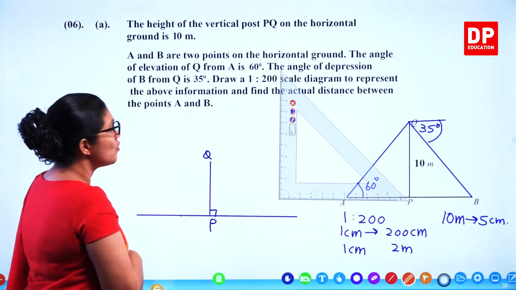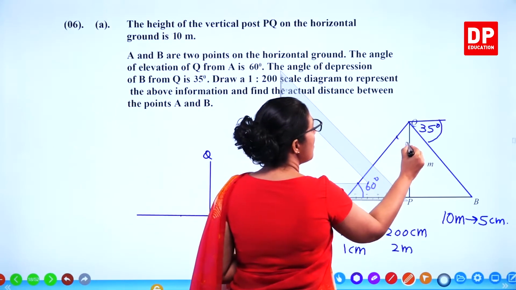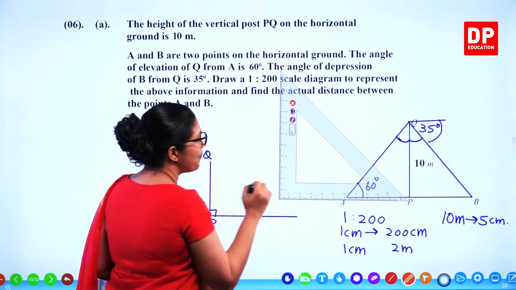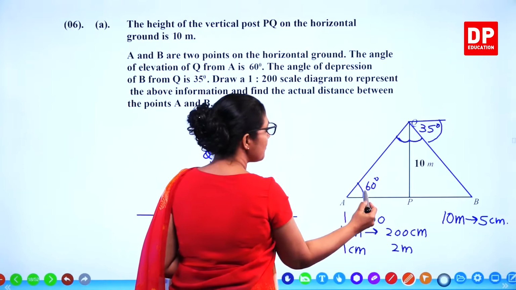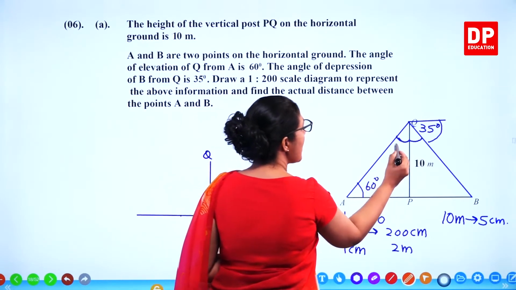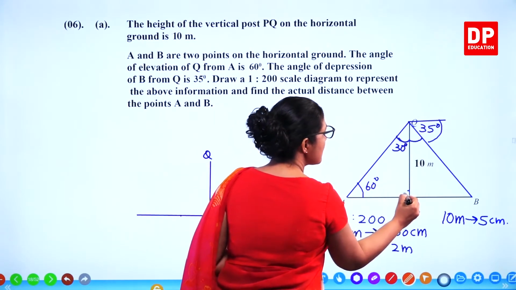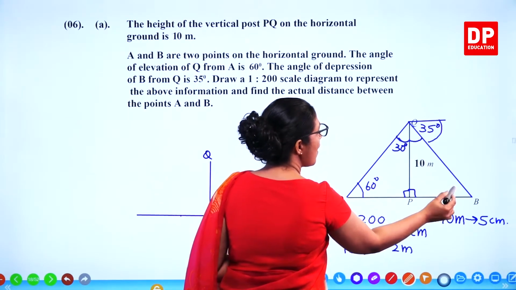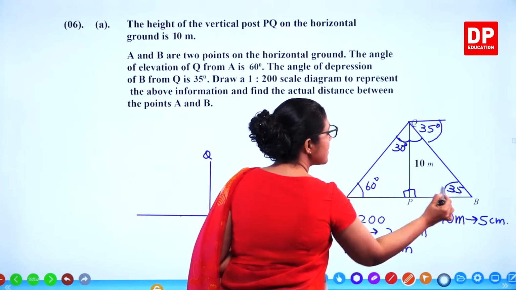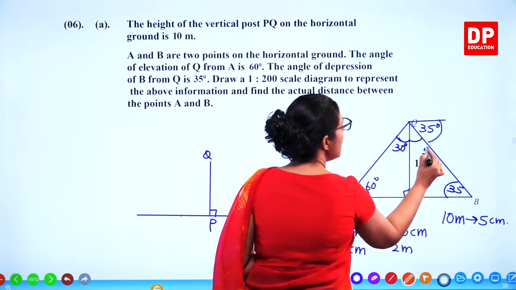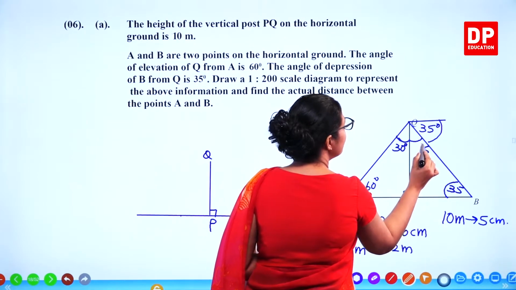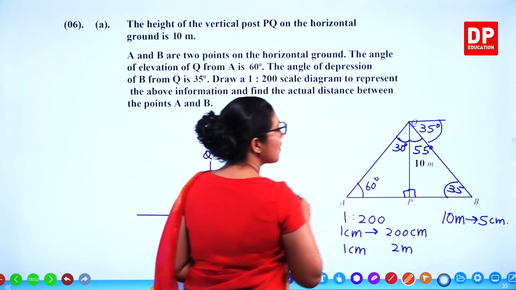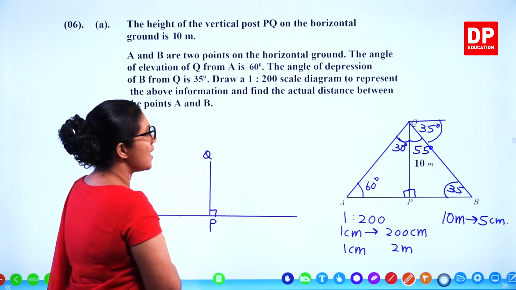So this is P. So if we can mark these angles, we can easily find out A and B. So here, this is 60 degrees. So what is this angle? 30, because this is 90. This is 35. And 90 minus 35, you need 55 degrees. 55 and 35, that's 90.